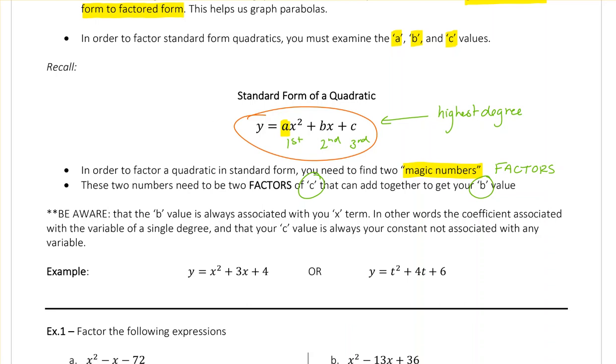I've already noted this: be aware that the b value is always associated with your x term, in other words, the coefficient associated with the variable of a singular degree, and that your c value is always your constant, not associated with any variable. So I would rearrange those things if they're not in the right order, or just be aware of that.